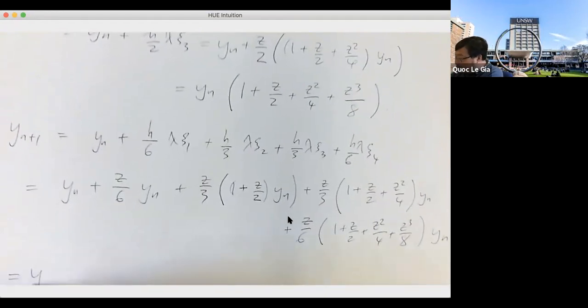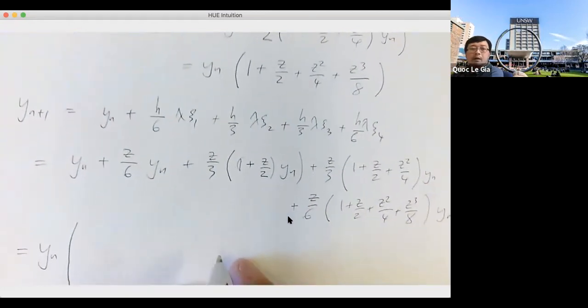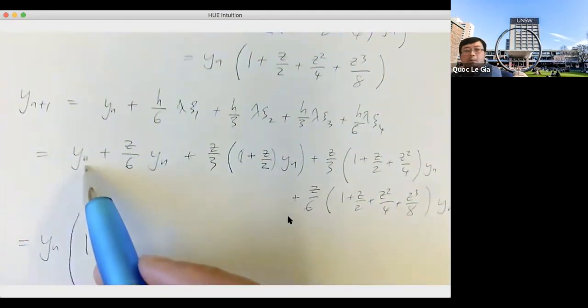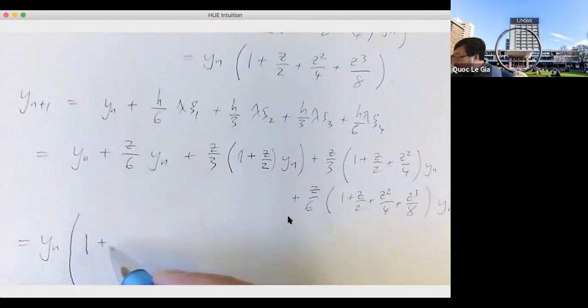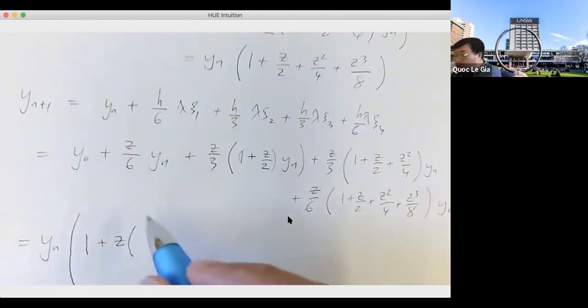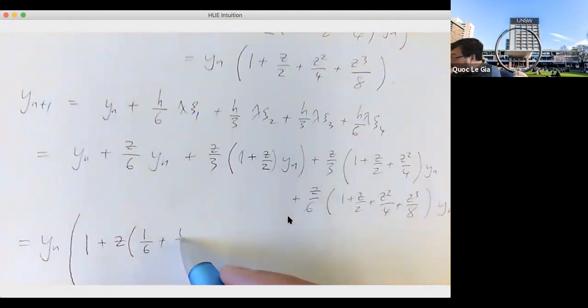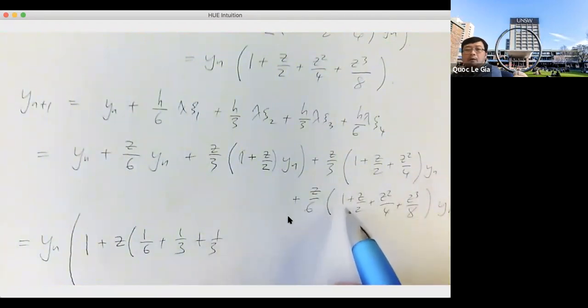So if you put yn to be the common factor, then in the big gigantic open parenthesis here, what is the term that gives you a constant? Just 1 here. And what is the term that gives you z? Well, 1 over 6 here, and then you have 1 over 3 here, then you have 1 over 3 here. And you got 1 over 6, the last one.